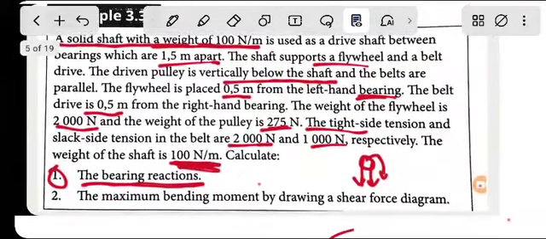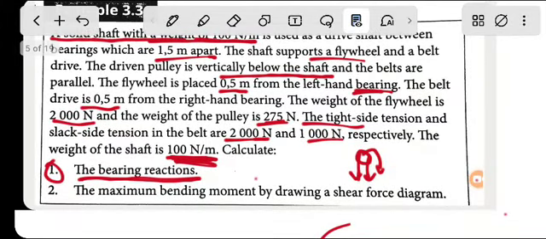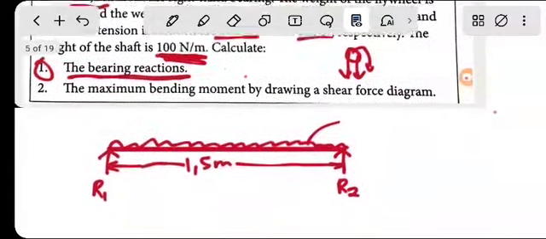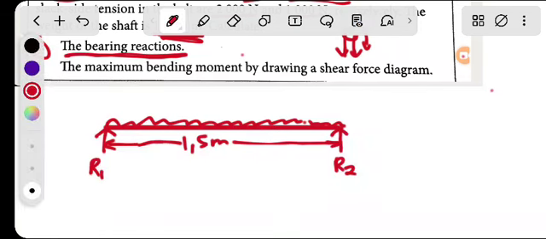It's 1.5 apart. We know that the flywheel is 0.5 from the left bearing, and the belt is 0.5 from the right-hand bearing. So from this point, going like that, we'll have some force there, which is 0.5. Also from there going here, we'll have the force acting 0.5 meters from the bearing.